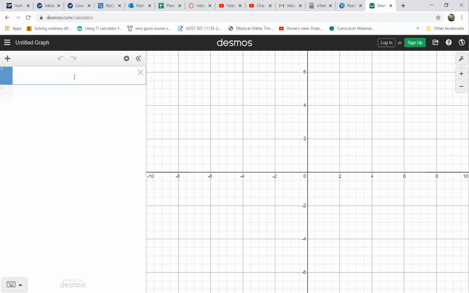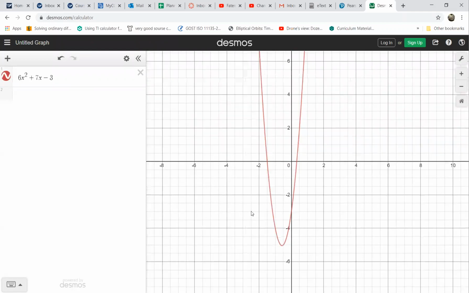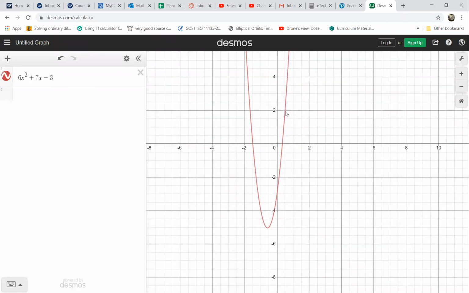Here we have 6x squared plus 7x minus 3. Very well. As you can see, the graph opens up and we call it a parabola.